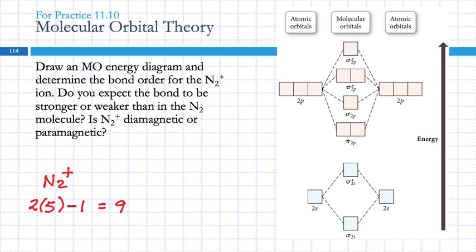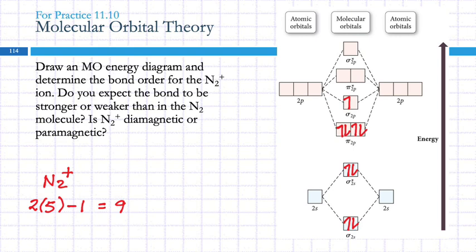The positive-negative thing is really confusing. 9 electrons. We don't need to mess around with where those electrons are over here, or if this one's positive or that one's positive. We can jump straight to the molecular orbitals and put the arrows in. 1, 2, 3, 4, 5, 6, 7, 8, 9.